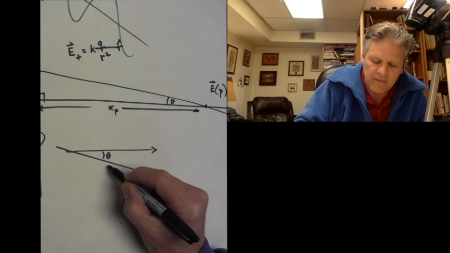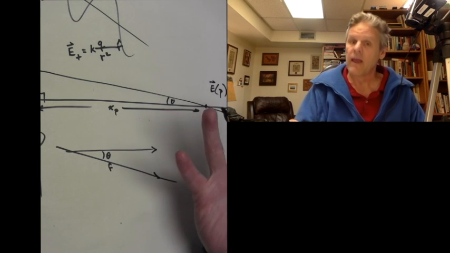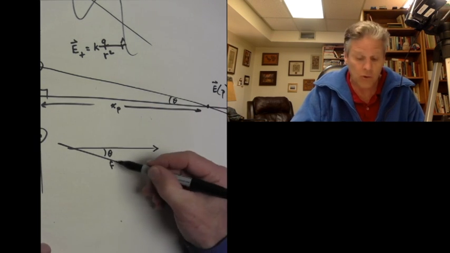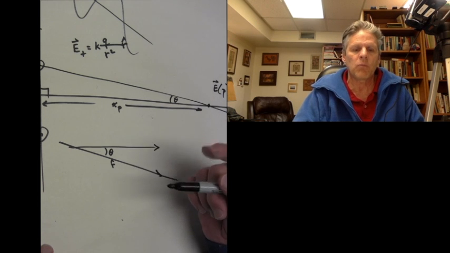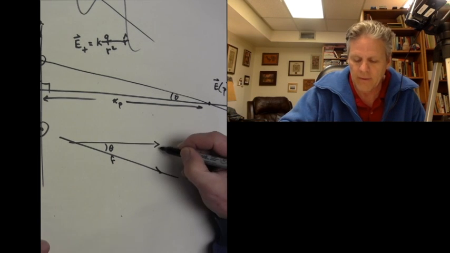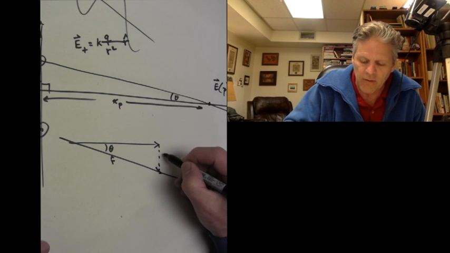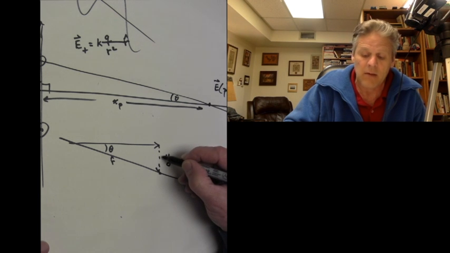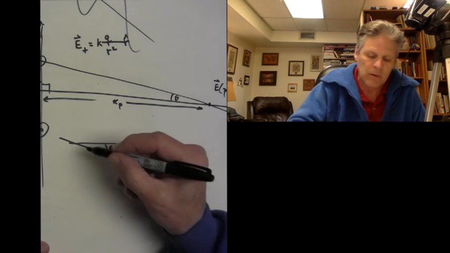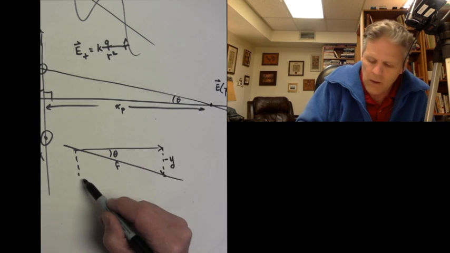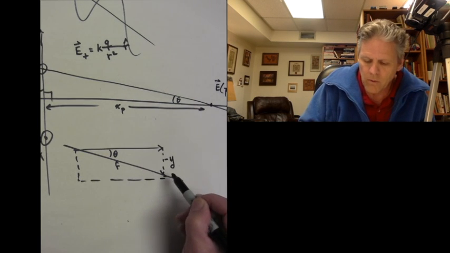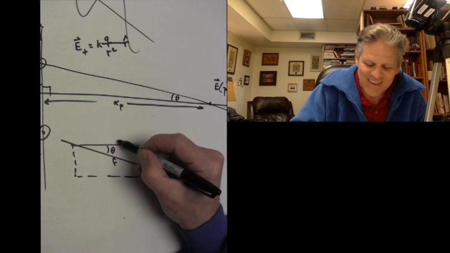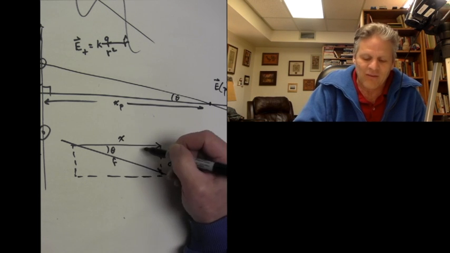This is r hat, and it's r hat because I say it's r hat. That's what I'm trying to look at, the direction of this unit vector. So I know this is the direction, therefore I am going to make this equal to 1. Make it nice and easy. And then the only question is, this is the y component of r hat. Actually, it's the minus y component of r hat. This is the x-axis, so therefore this is the x component right here.